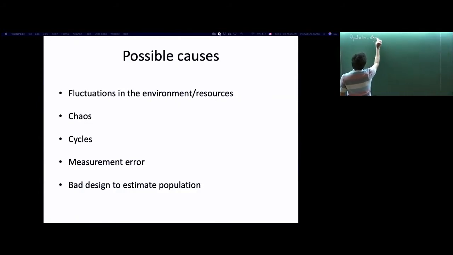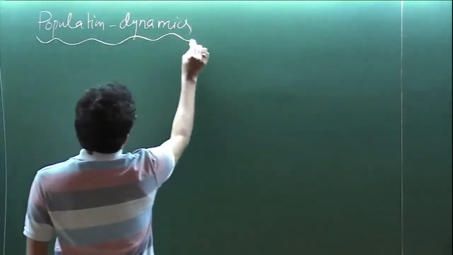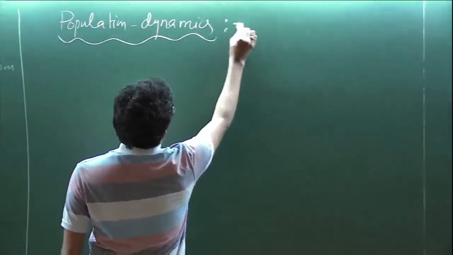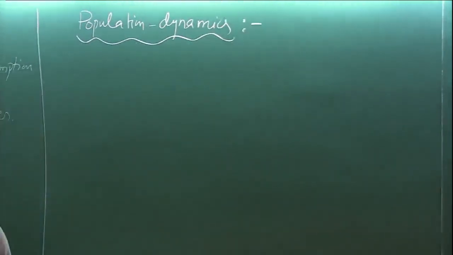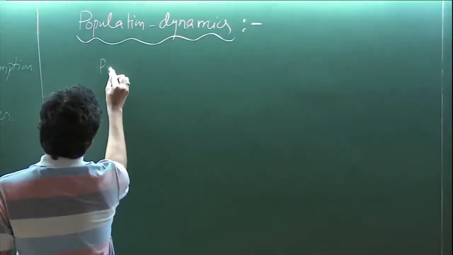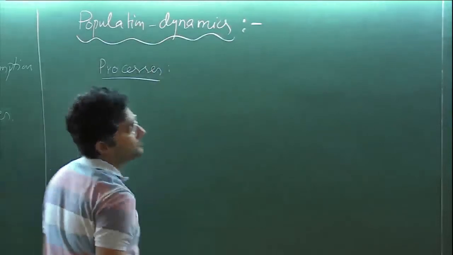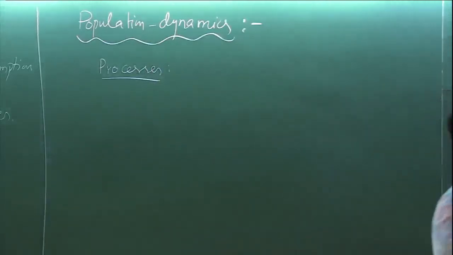So how do we go about modeling populations? When I say modeling populations, I specifically mean how populations change over time. And what are the key processes that change population sizes? Depending on how much you know, I can go faster, but if I'm going too fast, I can also slow down, so that feedback will be very helpful.